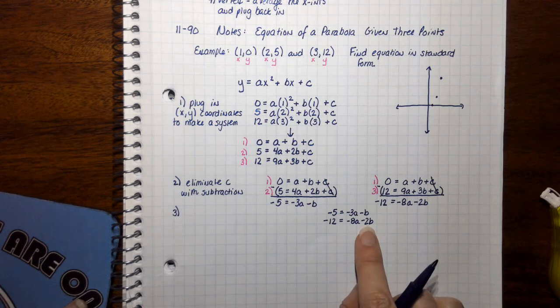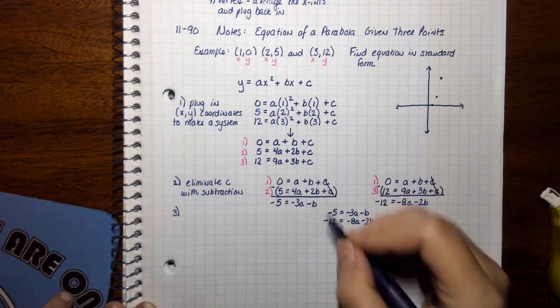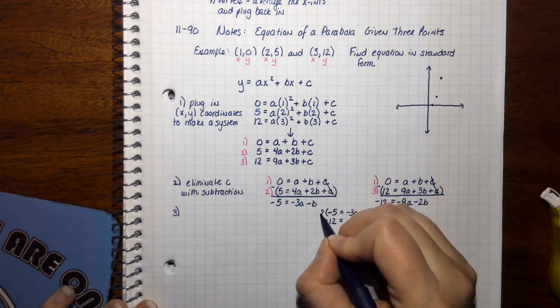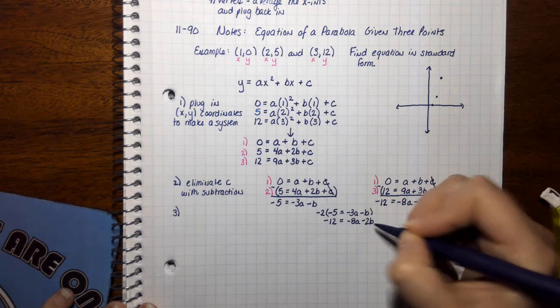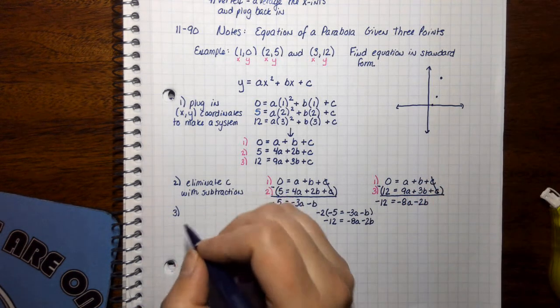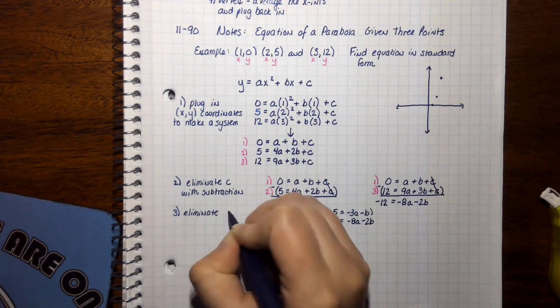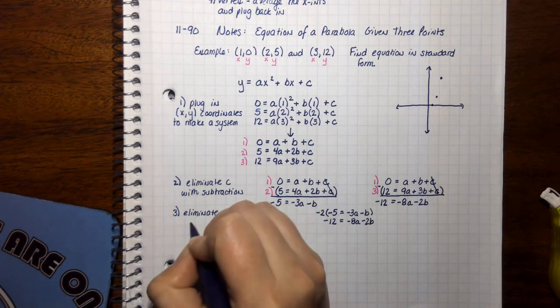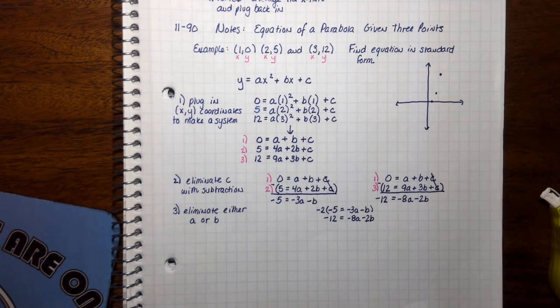This is much better. I have a negative 2B and a negative B, so I'm going to multiply the top equation by negative 2. I'm going to make this a positive 2B and a negative 2B that will be easy to eliminate. So eliminate either A or B, depending on what's easier for your problem.